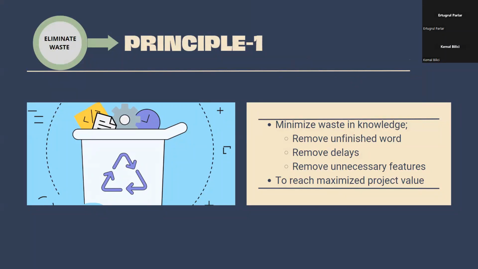Examples of waste reduction include streamlining supply chains, reducing unnecessary features in software development, and implementing visual management systems to improve communication and reduce handoffs. Best practices for identifying and eliminating waste include using the 5S methodology, continuously monitoring and evaluating processes, and fostering a culture of continuous improvement.